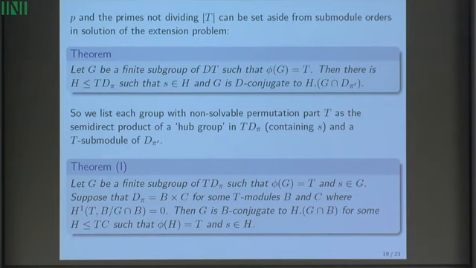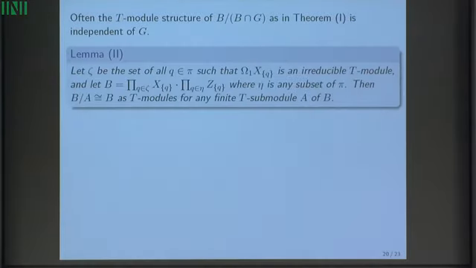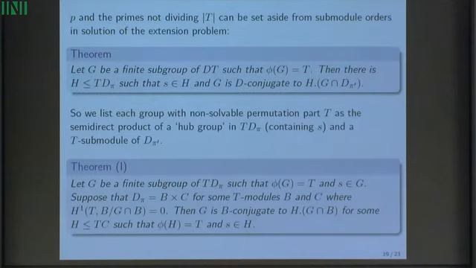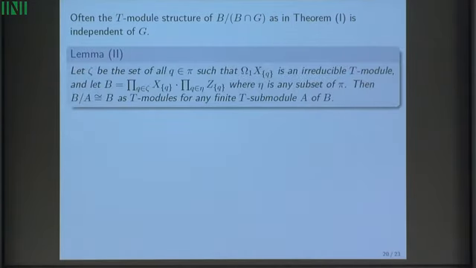So theorem 1 here, we apply together with lemma 2, which shows that the quotient that we have in theorem 1 here, as a module, the structure is independent of G. Here's the full statement.